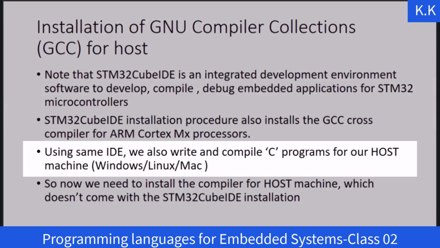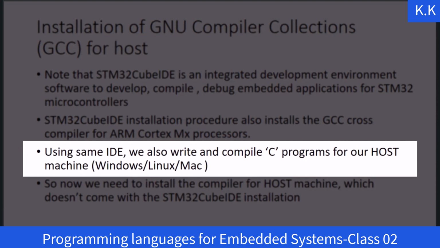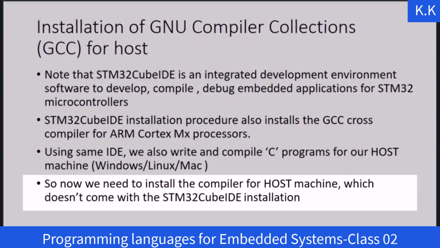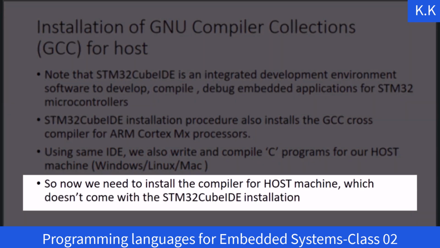It is already done. In this course, we are using the same IDE to write and compile C programs for our host machine, that is Windows, Linux and Mac machines. So now we need to install the compiler for our host machine, which doesn't come with the STM32Cube IDE installation.